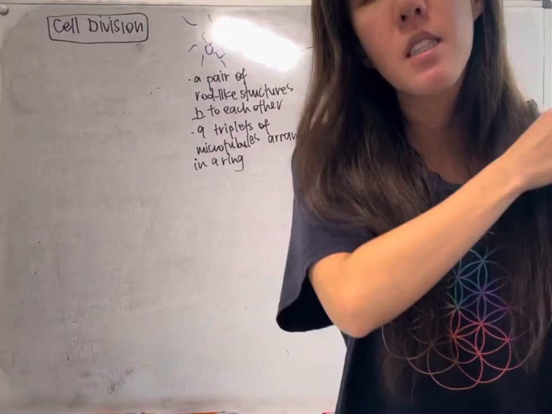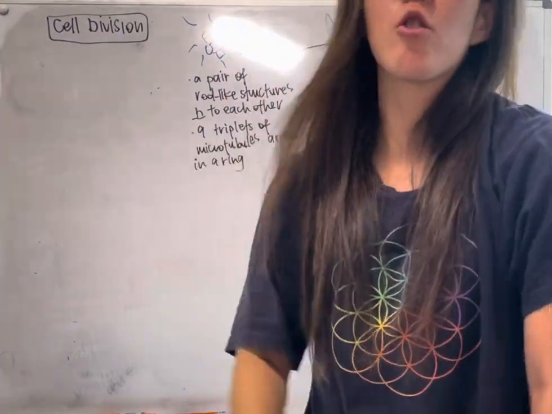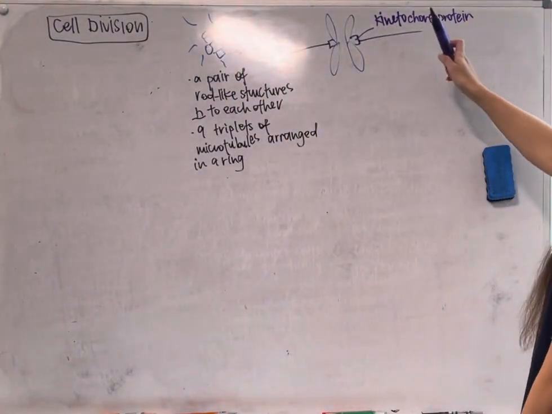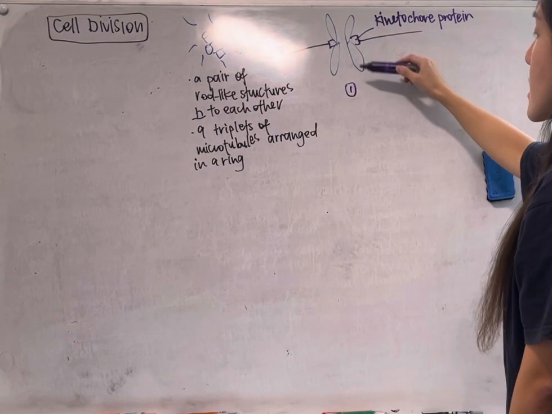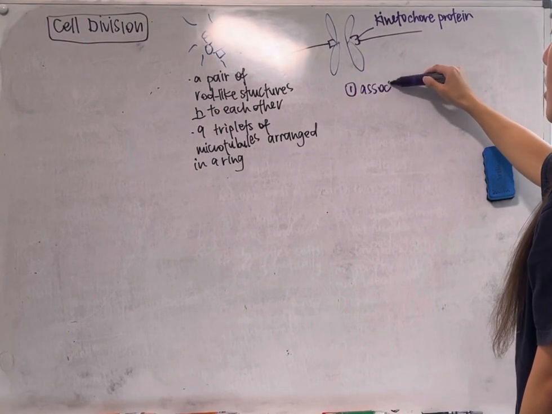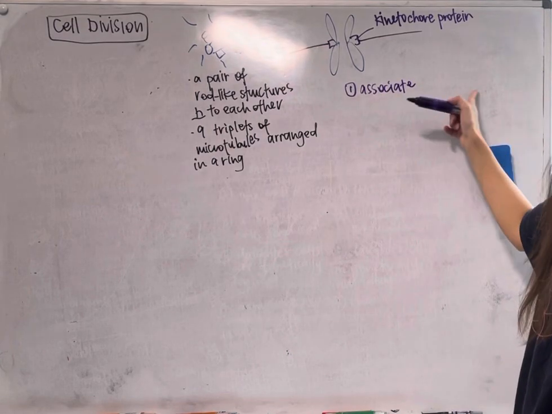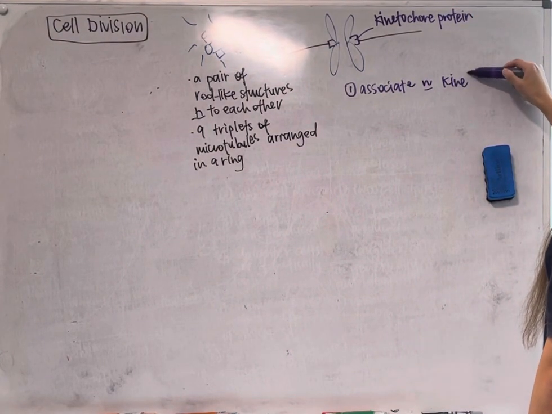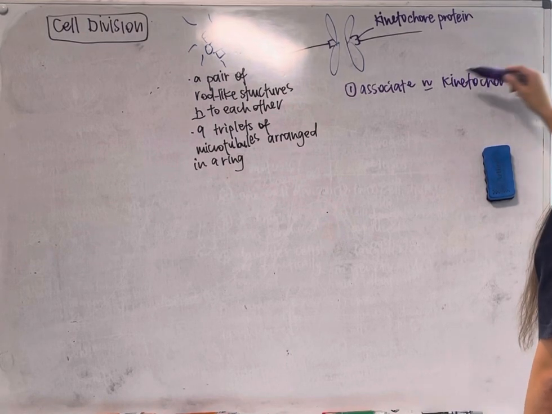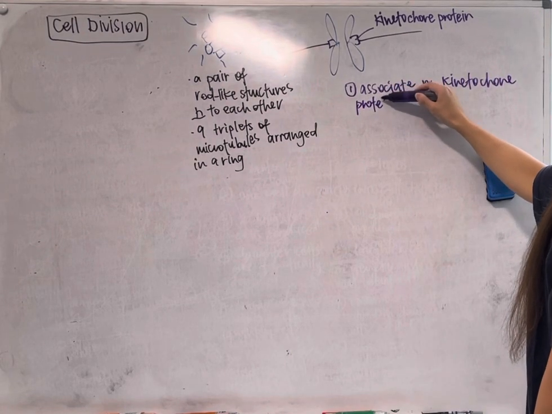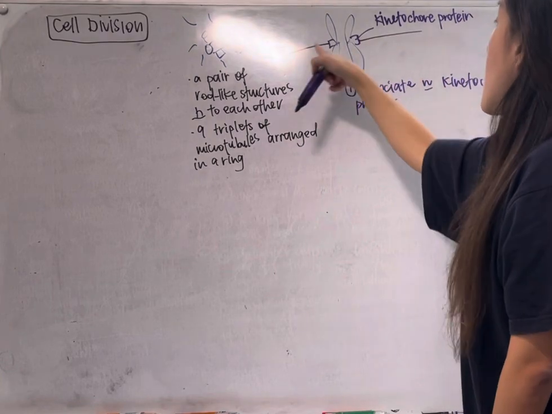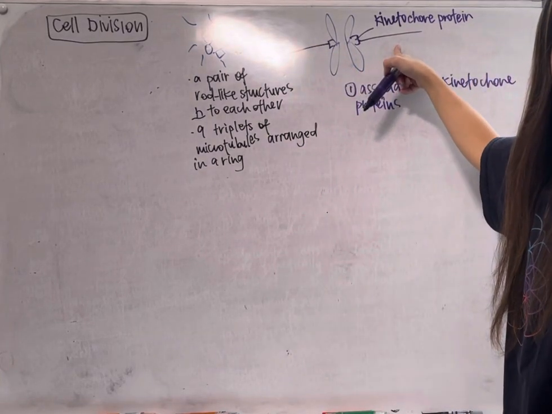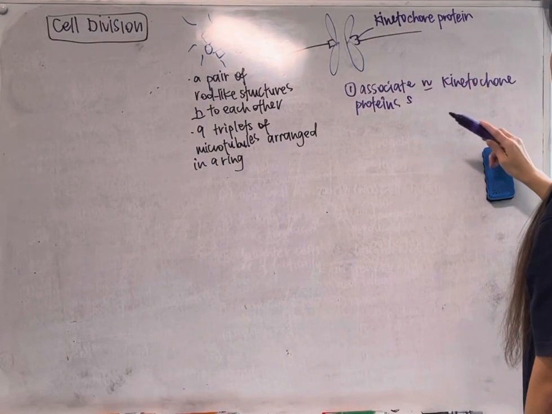So what is the purpose? How do you usually write in an exam? So the first function of centromeres is they associate with kinetochore proteins, because if you just write like that, I cannot give you 1 mark at all. So what must we write? For spindle fibers to attach.